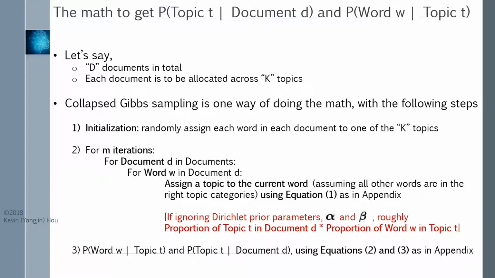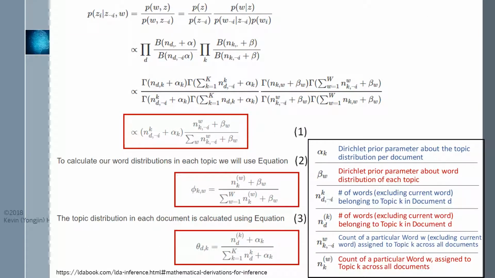After that, we'll have equations 2 and 3 to calculate the per-document topic distribution or per-topic word distribution. Again, the definition of each symbol has been laid out here.